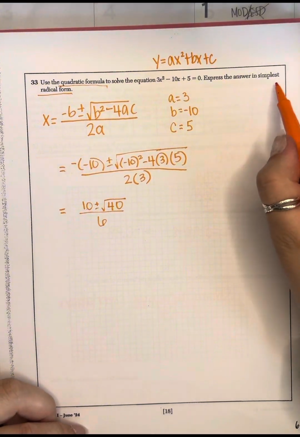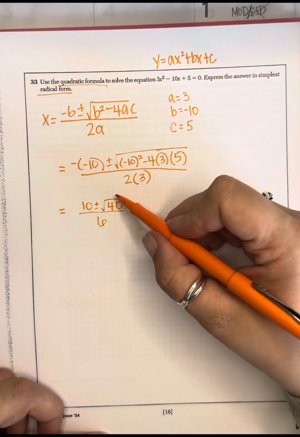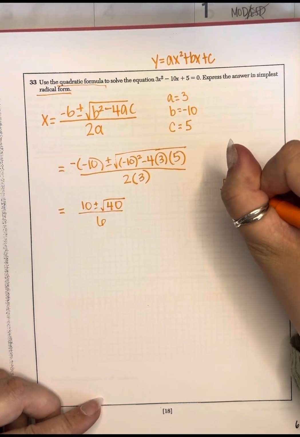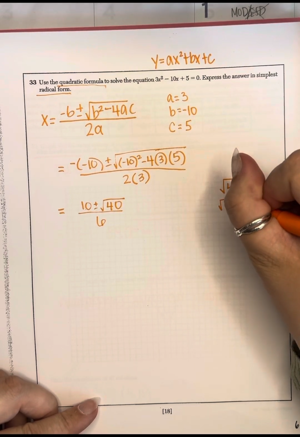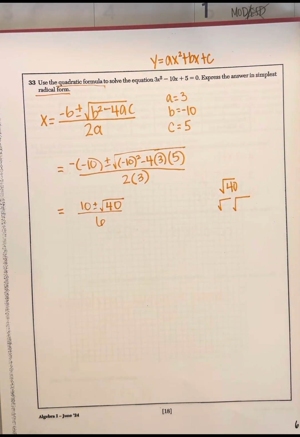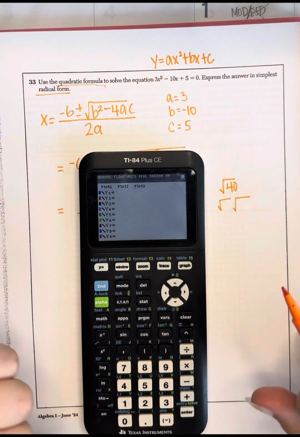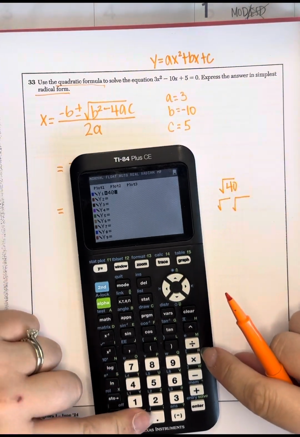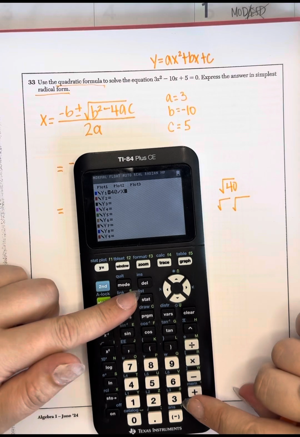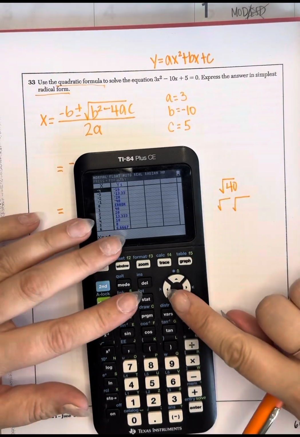I want simplest radical form, so I do have to simplify the square root of 40. We're going to break it up into 2 square roots, and you want to find the biggest perfect square that divides into 40. If you're not sure what numbers divide into 40, you can go to y equals, put 40 divided by x, and go to the table.